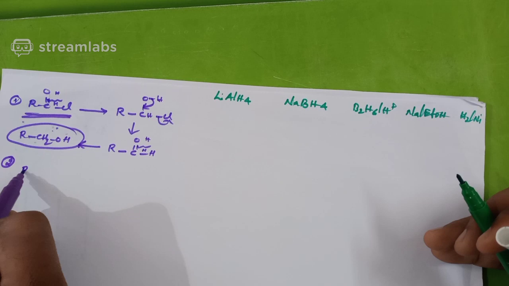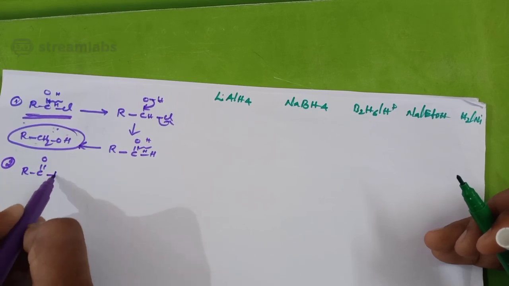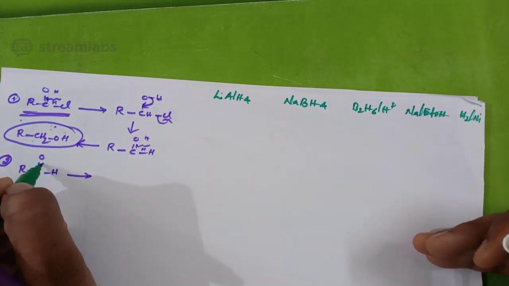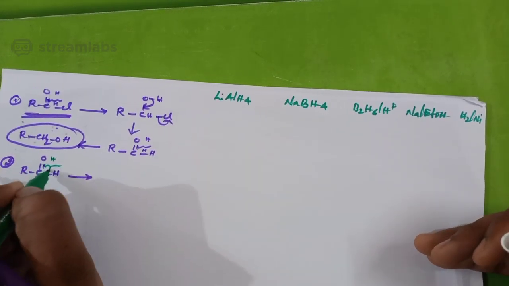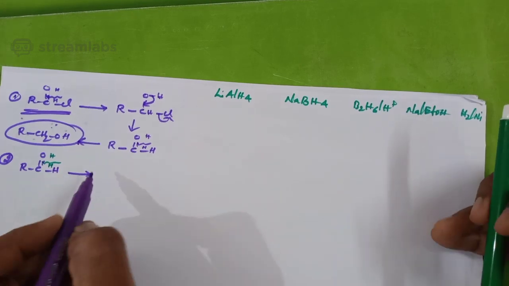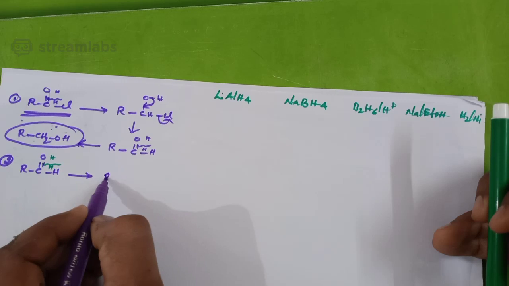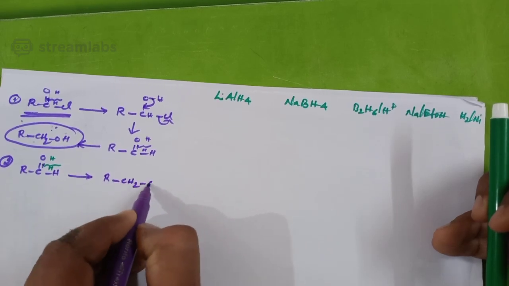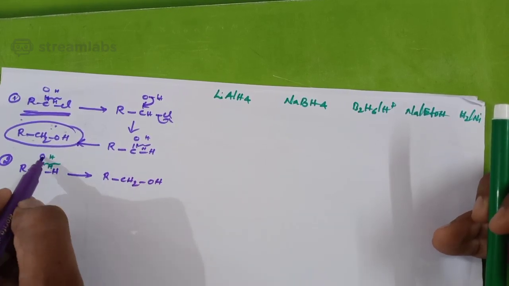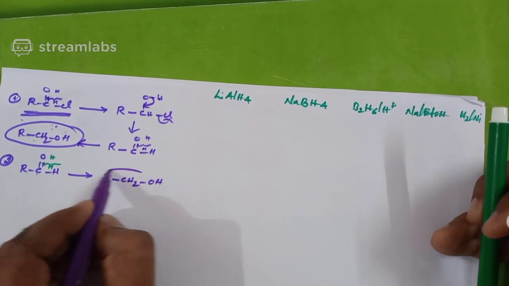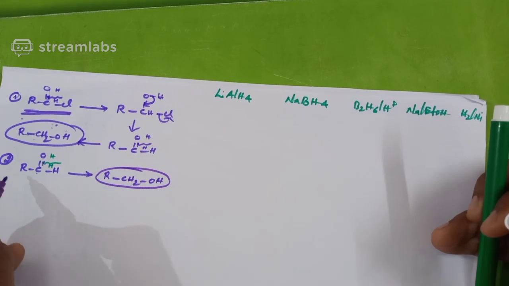Second one, if I take aldehyde, we know the cleavage takes place, this bond cleavage, and we'll get two hydrogen atoms because of reduction. I'll tell you clearly what exactly happened in reduction here. RCH2OH, okay, this hydrogen here and this hydrogen here, so we'll get finally RCH2OH. That means we got primary alcohol from aldehyde.